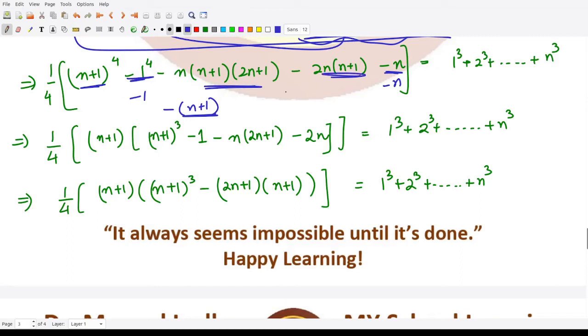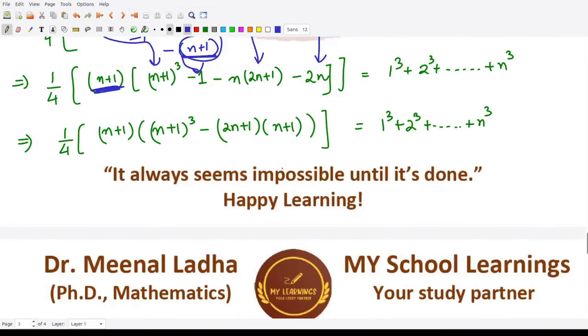In all the terms you have n plus 1 as common entity, correct? So you can take it as common. In this you would be left with n plus 1 raised to power 3, right? Here in this term you would be left with minus 1, here you would be left with minus n into 2n plus 1, and here it would be minus 2n, correct? Okay, so you can further simplify the terms.